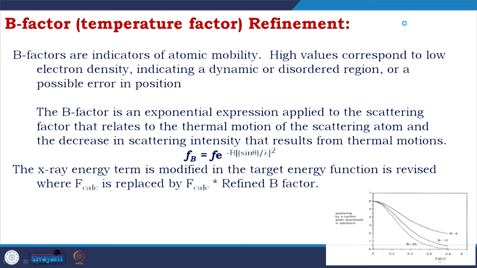So, if you look here, scattering by a carbon atom expressed in electrons. Because carbon has 6 electrons, you see that it starts from here. Now, when you put this with different B factors, B equal to 0, B equal to 10, B equal to 20, the change in the angstrom minus 2 sin theta by lambda value.